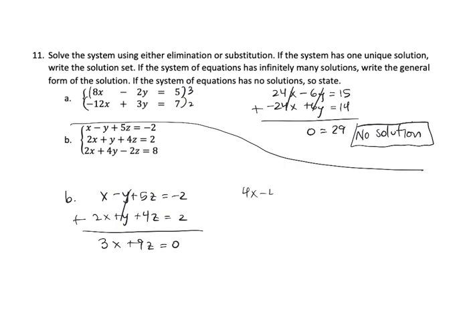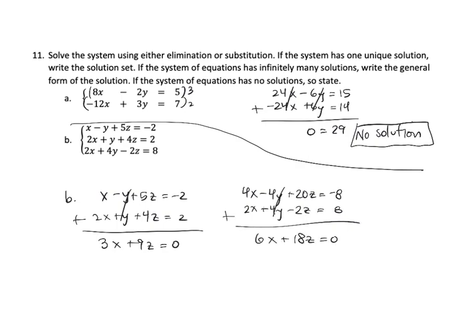So that's 4x minus 4y plus 20z equals -8. The reason I'm multiplying by 4 is I want to get a -4 here and a positive 4 here. I'm going to take the bottom equation, y eliminates, and we get 6x plus 18z equals 0.